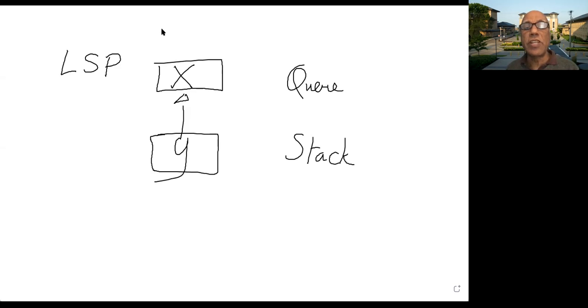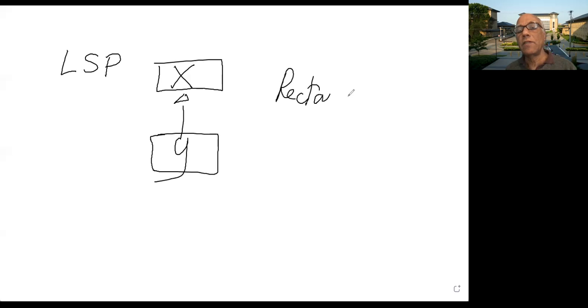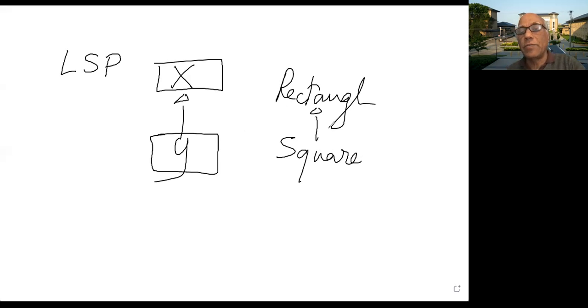But some trickier ones would be things like you have a rectangle and then a square. Can you make a square a subclass of rectangle? A square is a special type of rectangle, but it turns out that if you have certain types of methods in square, then this is not always okay.